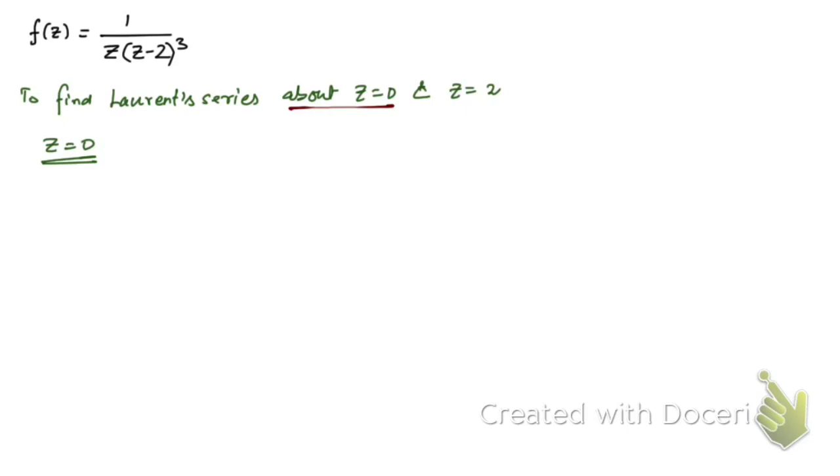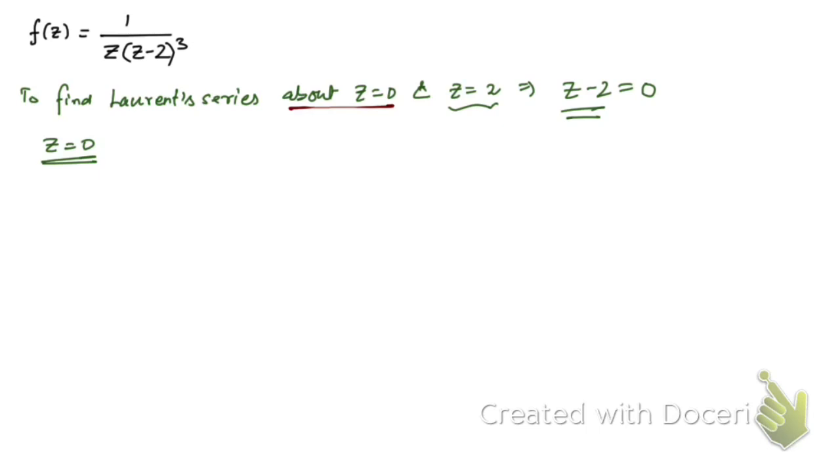Now you see, if we need to find the series about z equals 0, then we need to express the series as powers of z. And if we need to find the series about z equals 2, then we write z minus 2 equals 0, and we have to express the series as powers of z minus 2.